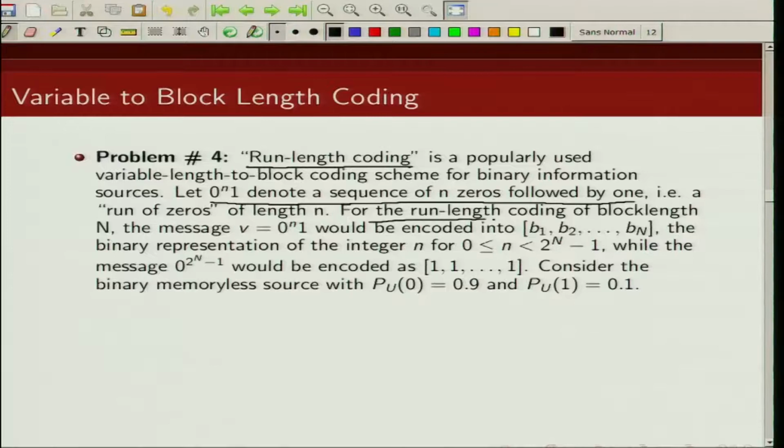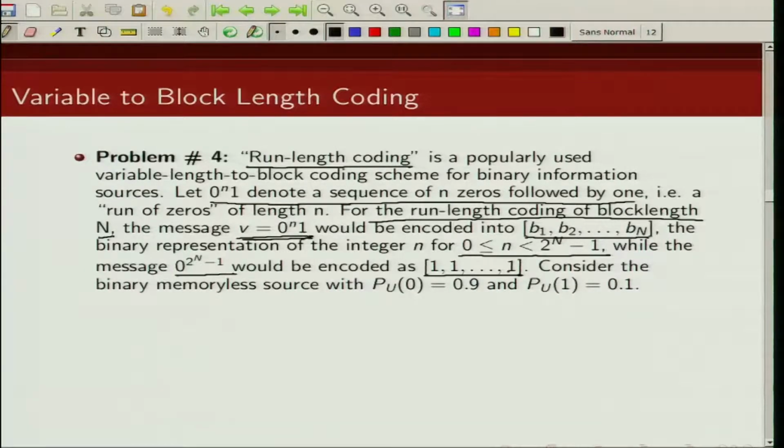For run length coding with block length n, the message, which is a run of n zeros followed by a 1, is encoded into a code word of length n, which is essentially a binary representation of the integer n, where n lies between 0 and 2 raised to power n minus 1, and the all zero sequence is encoded as all ones.